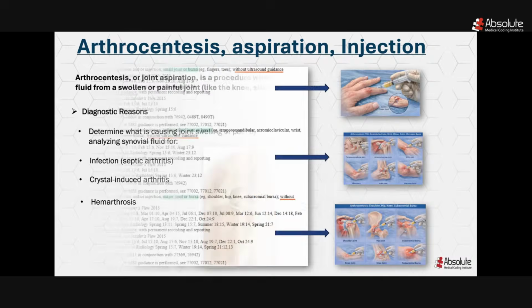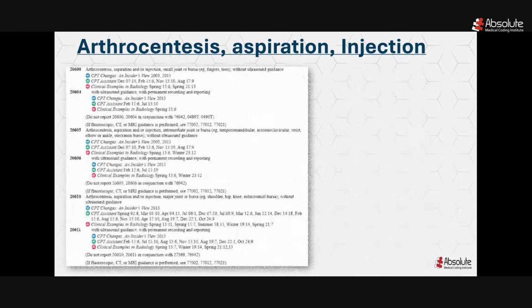And let's have a look into the codes for arthrocentesis. So arthrocentesis codes are classified based on two things. First is the type of the joint or bursa. CPT divides the joints into three sections, that is small joints, intermediate joints, and major joints. The second classification is based on whether ultrasound guidance was used or not.